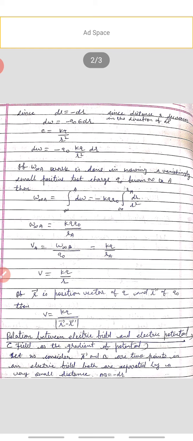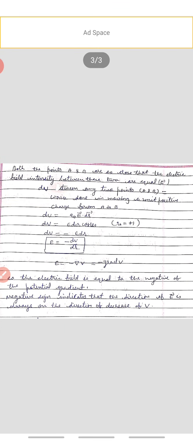AB equals minus dr. Both the points are so close that the electric field intensity between these 2 points is equal to E.